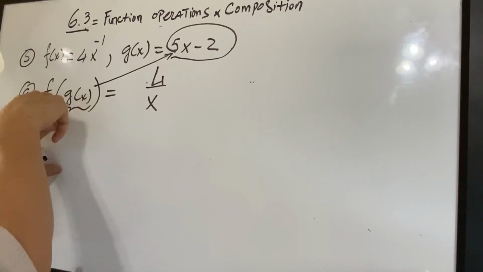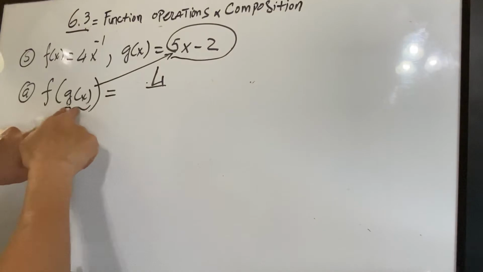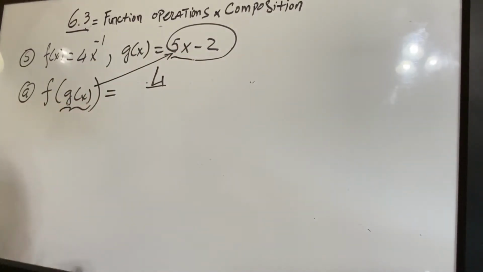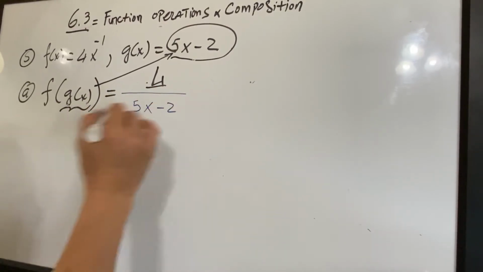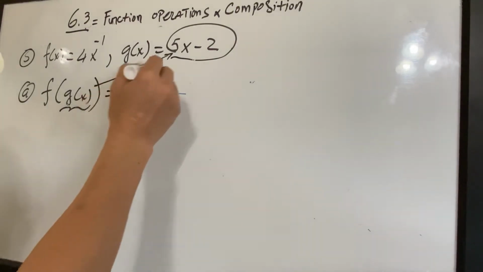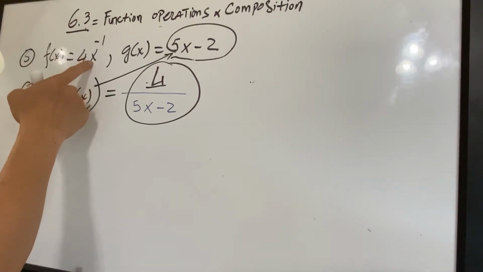So instead of writing x, what is your x here, guys? That is the whole g of x, which is right now 5x minus 2. There we go. That's what we're going to have right there, ladies and gentlemen. Mr. Dang, what if I keep it the same thing like this?